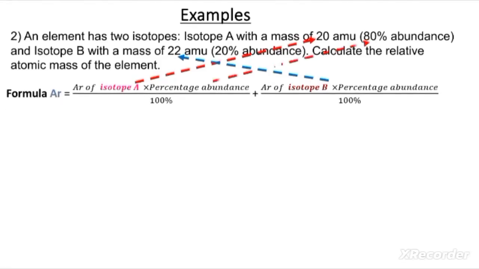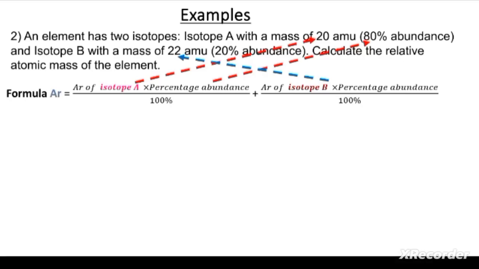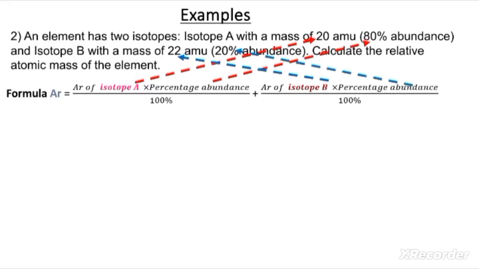Let us also identify the percentage abundance of B. By the way, I've already identified this information. I'm just pointing so that you see where we'll be getting these numbers. The percentage abundance of isotope B is 20%, as we can see here.